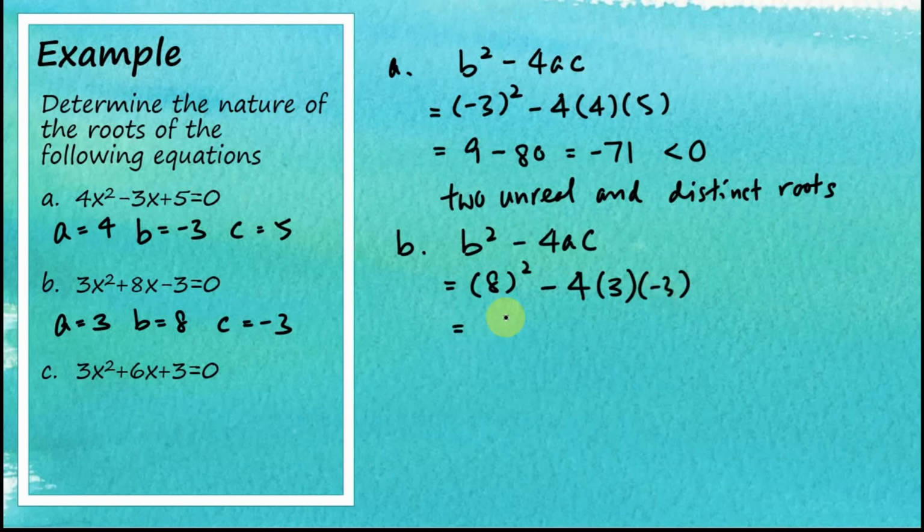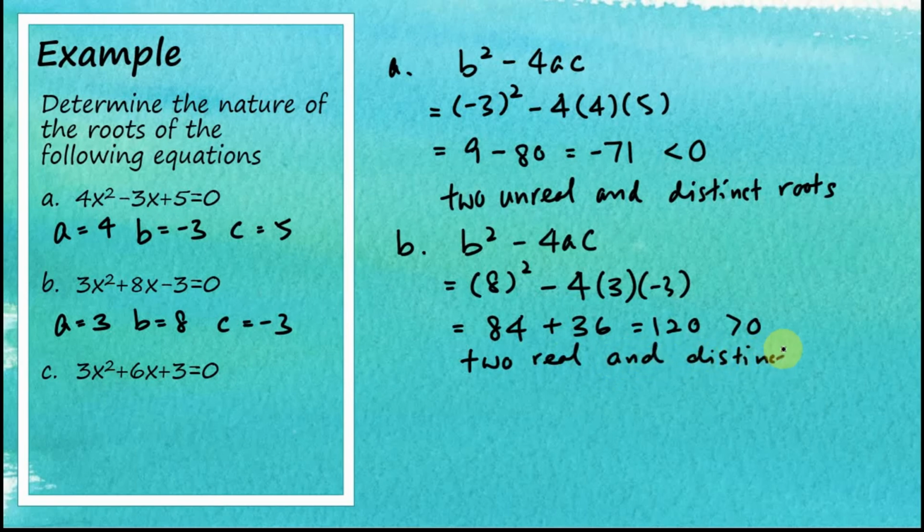Okay, so this is 64 plus 36, and this is equal to 100, and this is greater than 0. So when it's greater than 0, we are going to have two real and distinct roots.